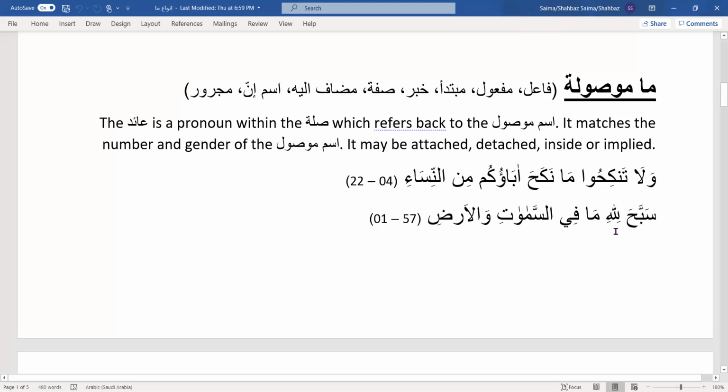Can anybody tell me now? The question is, this ma mausulah with its sila, now its sila is a jar majroor, fis samawati wal ardi. So this ma with its sila is playing a role. What is that role here?